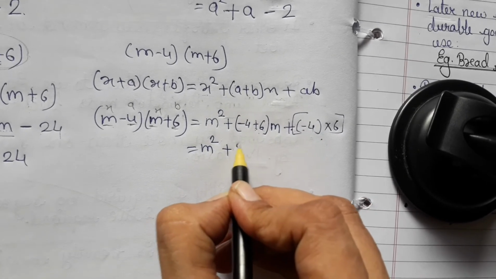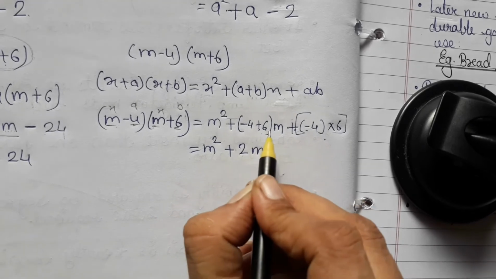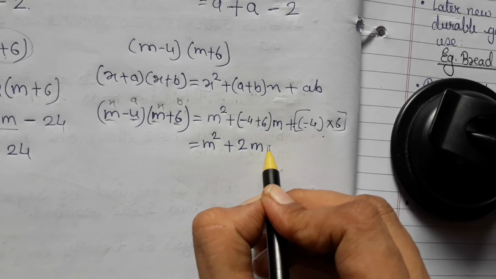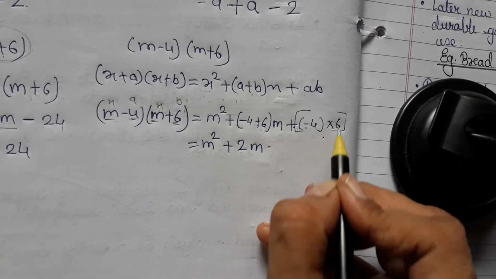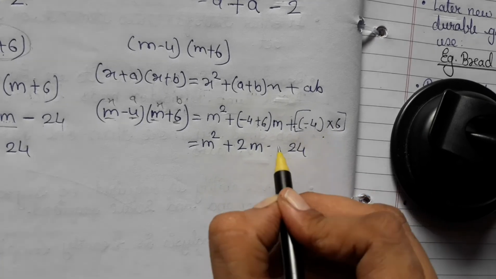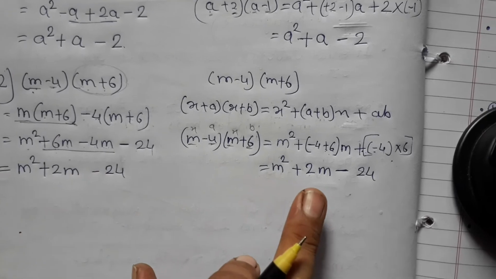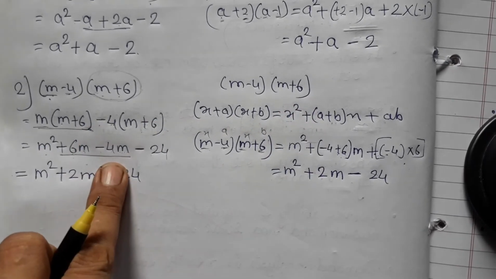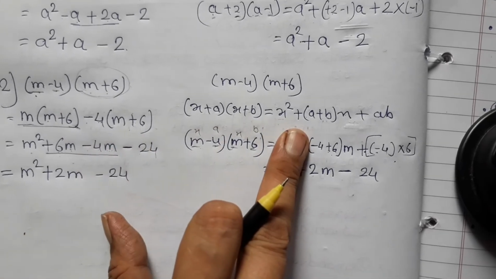So it will be plus 2m. Now here, 4 6s are 24, plus minus minus. We got the same answer. You can solve using the formula, or without the formula, both are correct, children.